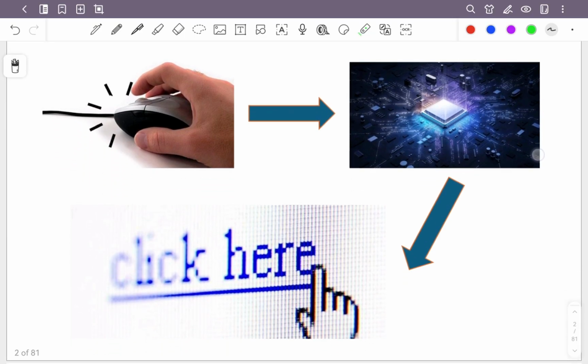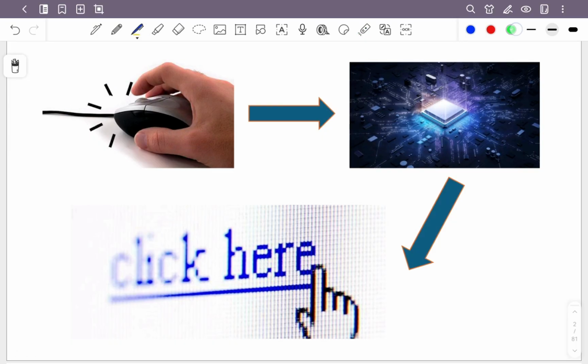But before we go further, let's look at this diagram. This diagram shows a general pathway or a general pattern of what you are going to study later. Now this is a common scenario in our daily life. You all use computer, correct? So when you use computer, you will click the mouse to do something, correct? So when you click the mouse, you know that the signal is going to be sent to where?